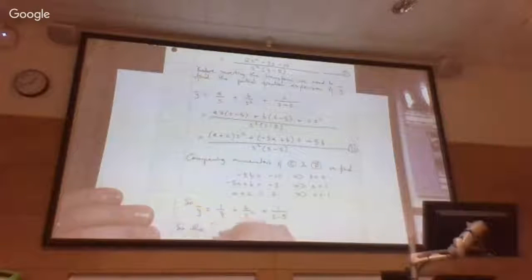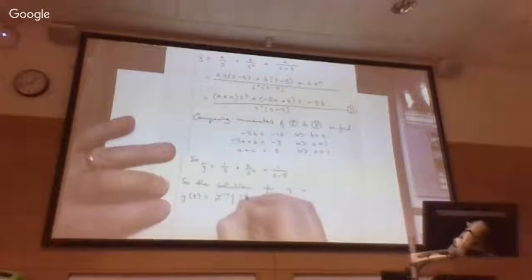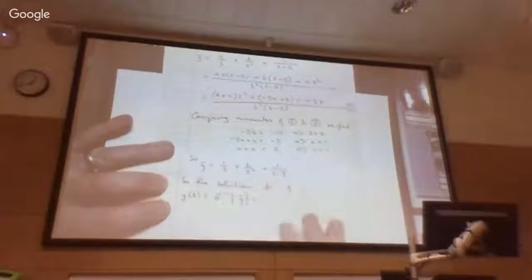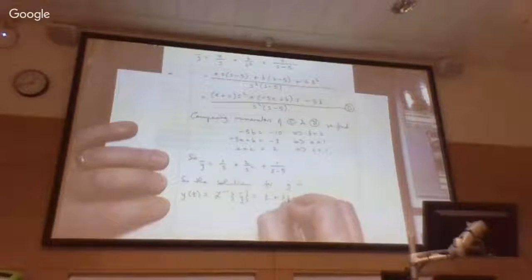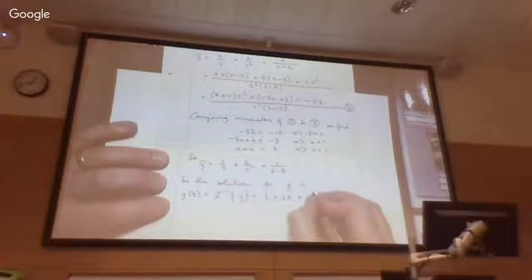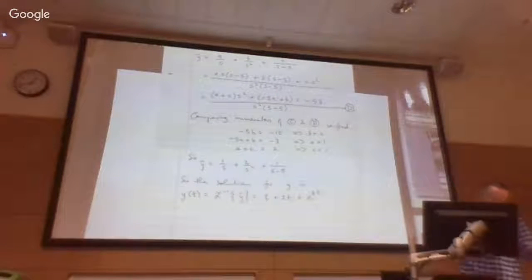So the solution for y is y of t, the inverse transform of y bar, which is constant 1 plus 2t plus e to the 5t.